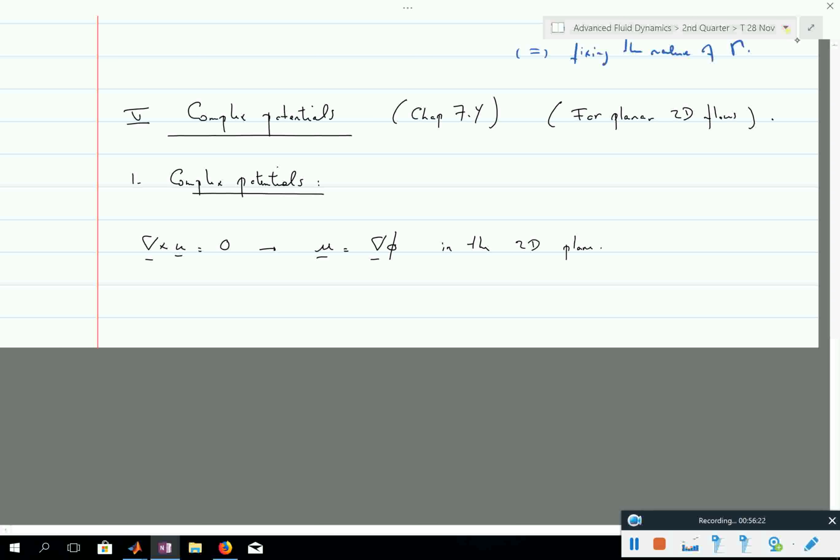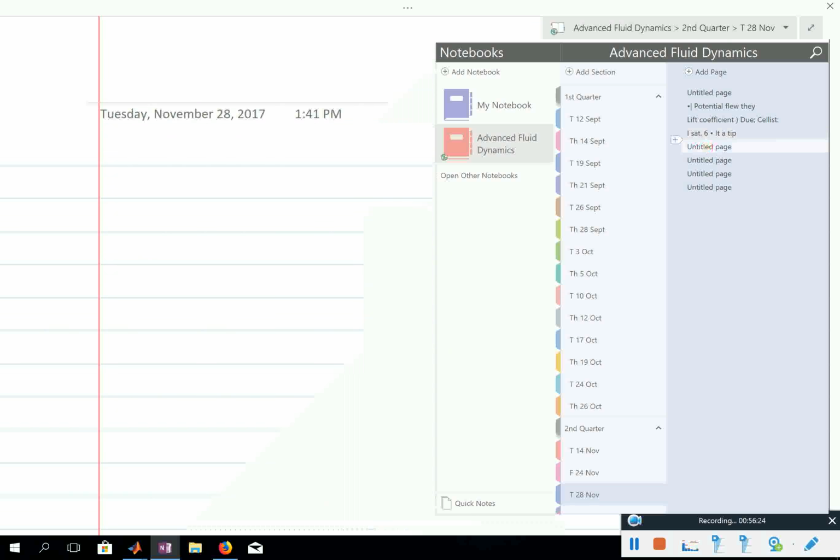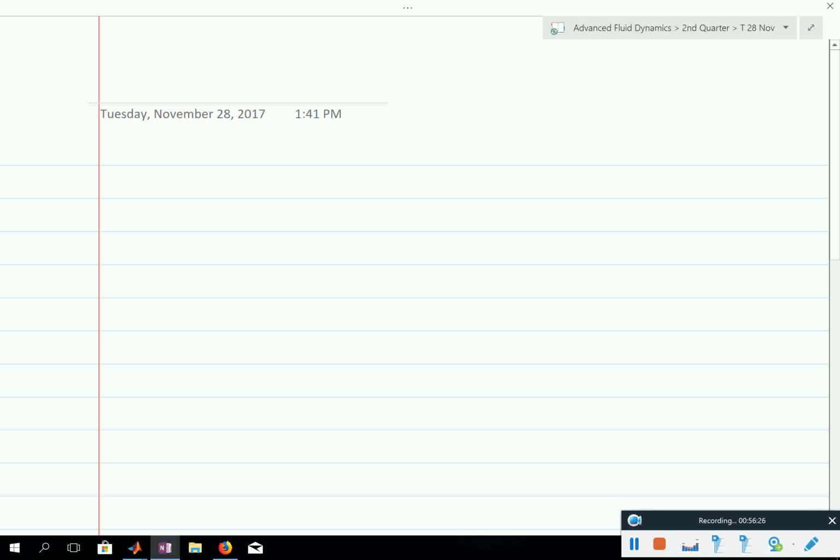Now, even if you haven't had any background in complex analysis, you have seen complex numbers, right? You know that a complex number is just another way of thinking about points. So we'll just remind you of that. Complex potential only works if you're in the 2D plane. So we have a point. Our point has an x and a y coordinate.